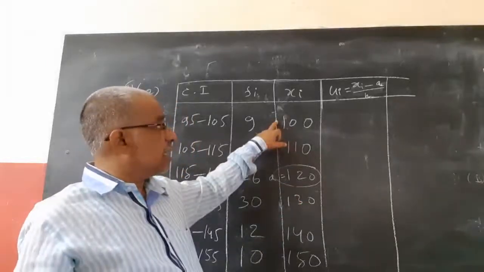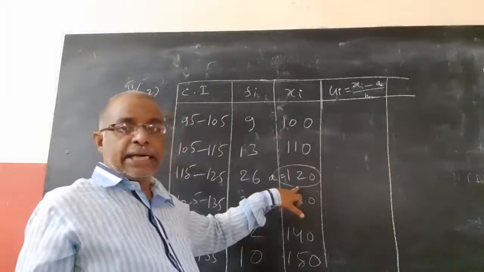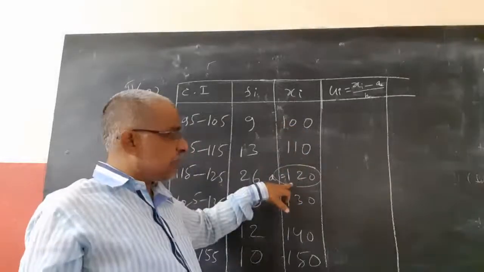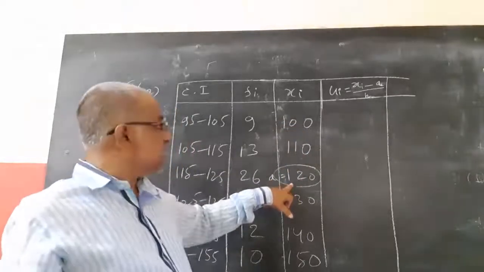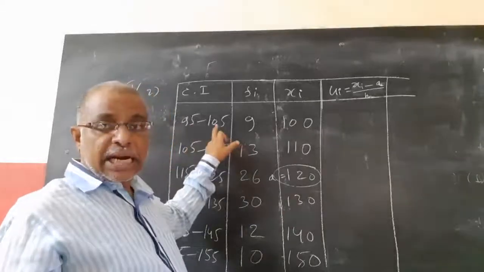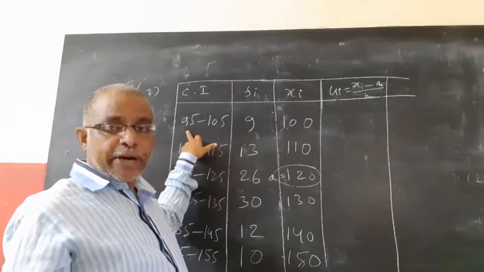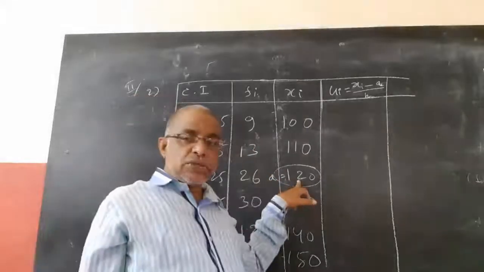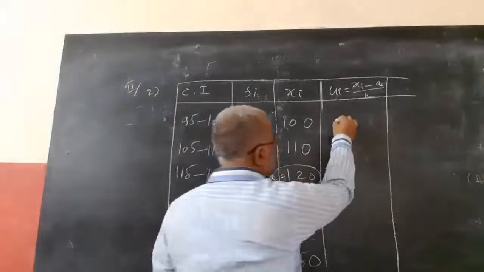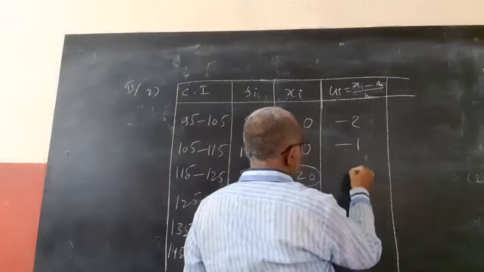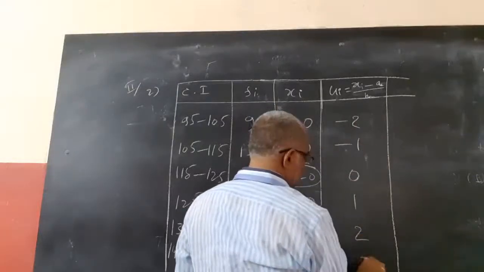So 100 minus 120 by h. 100 minus 120 is minus 20 by h. h is the class size. Here the class size is 105 minus 95, which is 10. So minus 20 by 10 is minus 2, then minus 1, 0, 1, 2, 3.